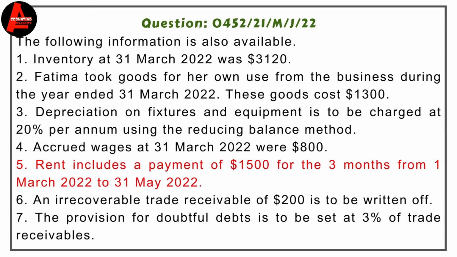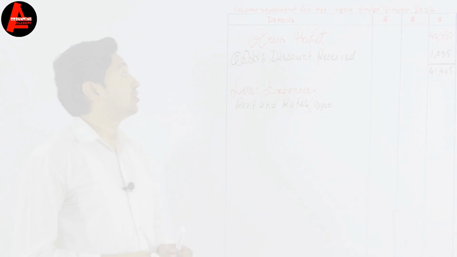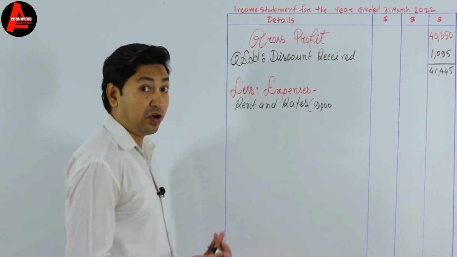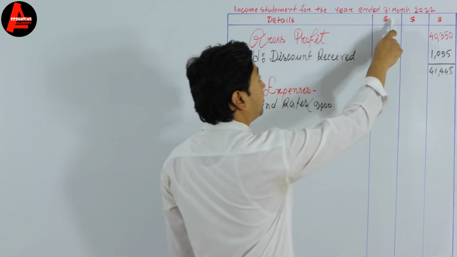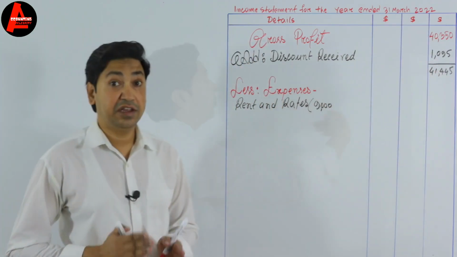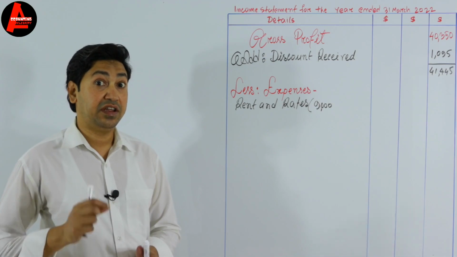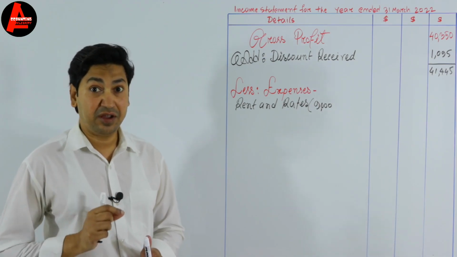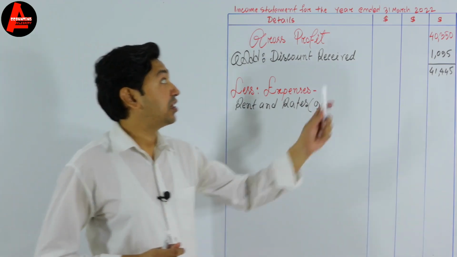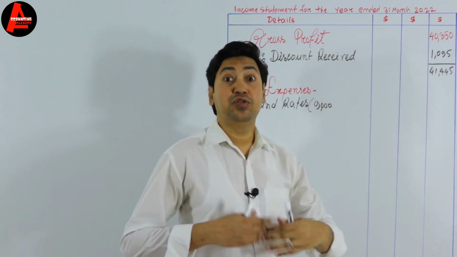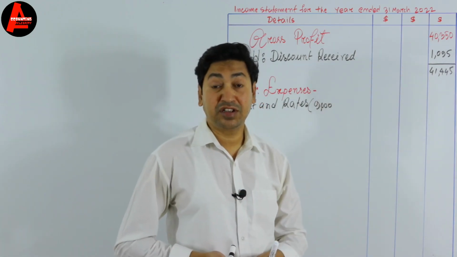Rent includes a payment of $1,500 for 3 months from 1st March 2022 to 31st May 2022. Okay. So here we are doing this account for the year ended 31st March 2022. This $1,500 is paid for 3 months. Okay. 1st March 2022 to 31st May 2022.